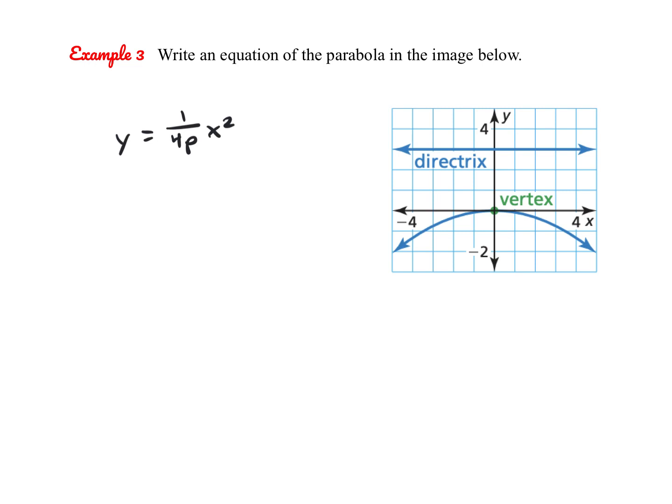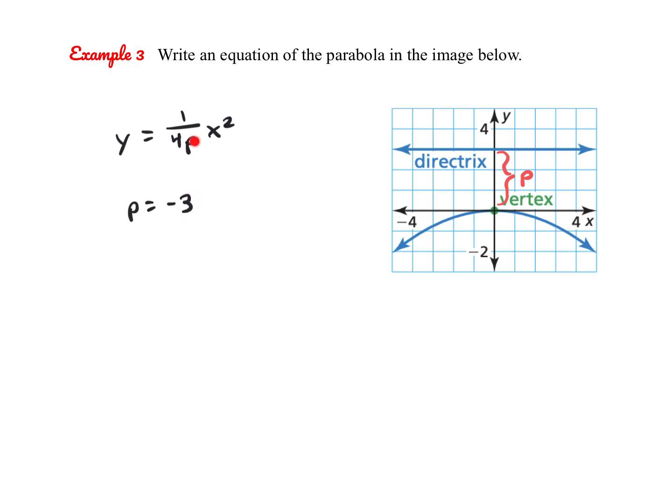So to help me find that p-value, I'm not given the focus here, but I am given the directrix. So I know that this distance is always going to be p. So here I'm going to say that p is -3, again, because our graph is opening downward. And then I know that the vertex is at the origin, so we don't need to worry about that.